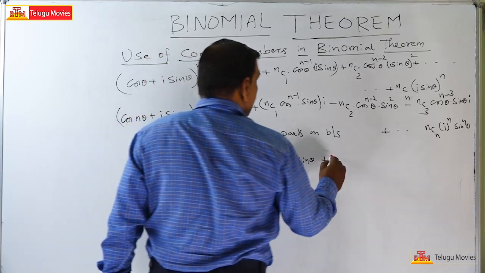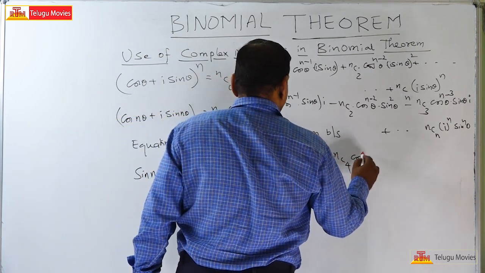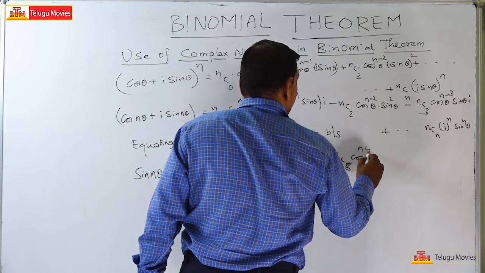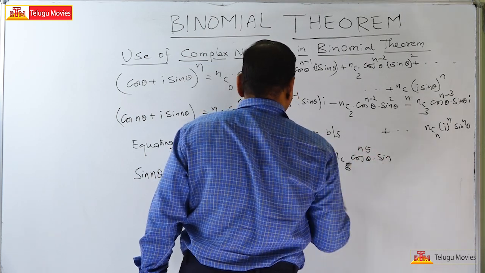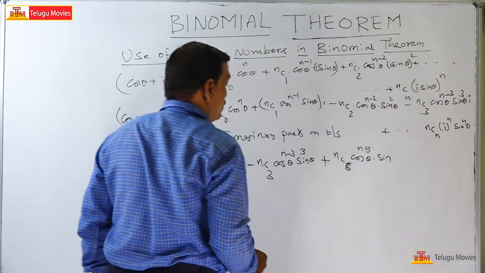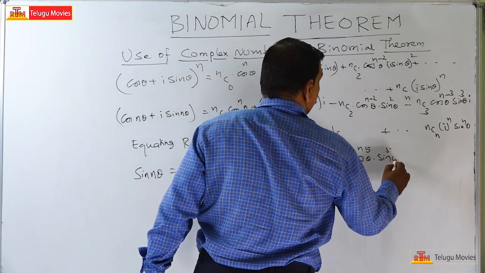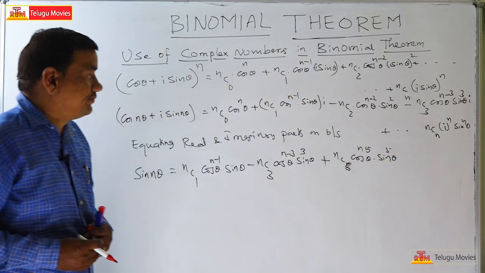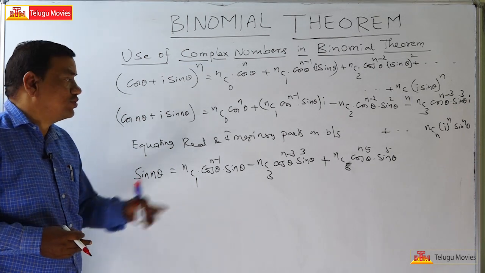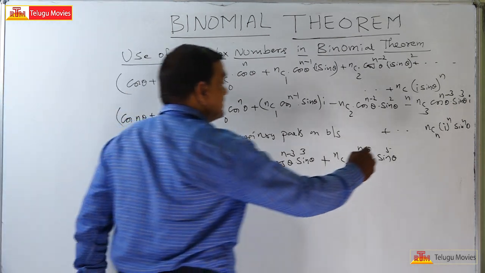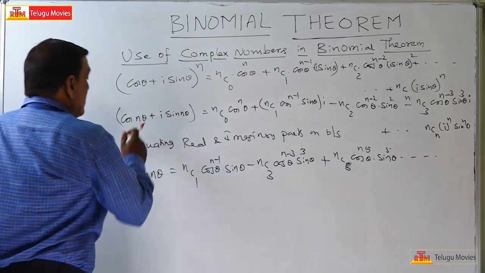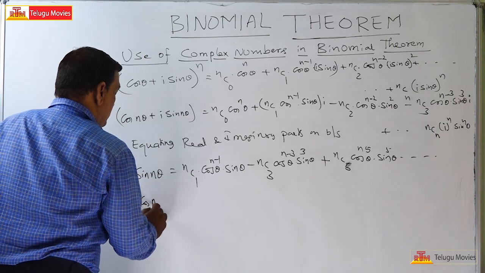Next we will get nC5 cos to the power of n minus 5 theta into sin to the power of 5 theta. Here i to the power of 5 is i to the power of 4 into i, so that is the expansion.